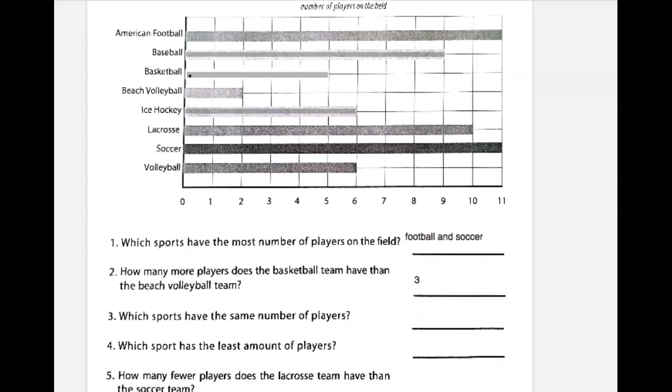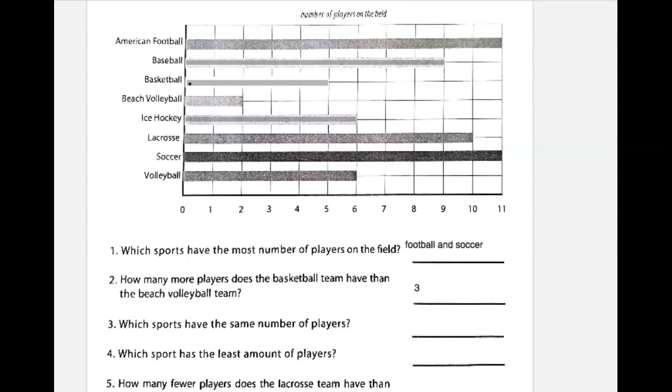Number 3, which sports have the same number of players? Okay, so we listed already that soccer and football have the same amount, right? And then volleyball and ice hockey. So you're going to write it all out.